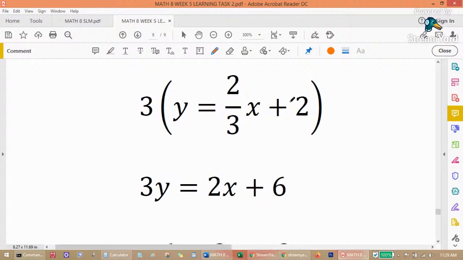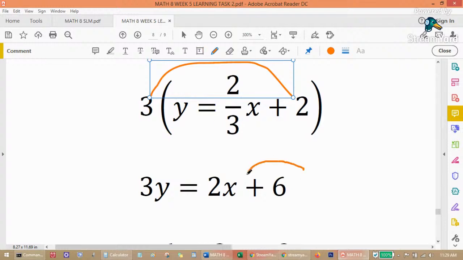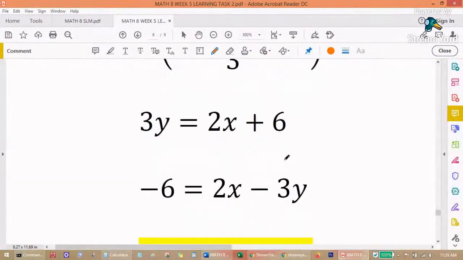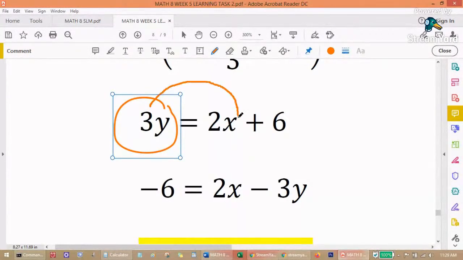And then wag nating kalilimutan, itong 3 na to, i-multiply din natin sa pinakahuling term. Yung iba kasi nalilimutan na, so magkakamali kayo ng sagot. So, yung 3, pag ni-multiply sa positive 2, magiging positive 6. Okay? So, again, since positive ang x dito, hindi na natin siya gagalawin. Instead, itong positive 3y, ililipat natin sa tabi niya.